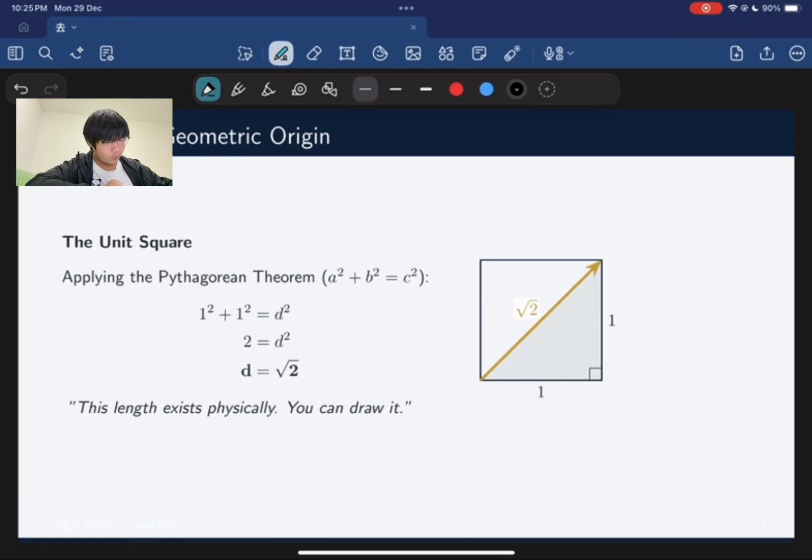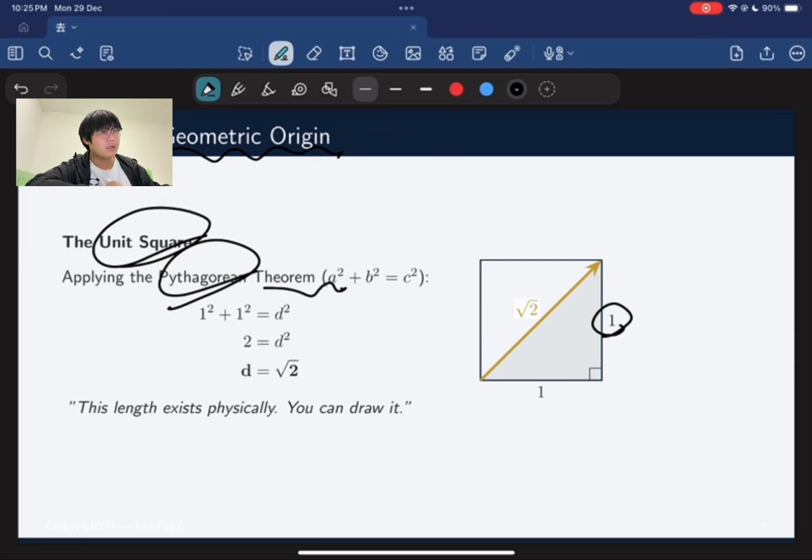But where do these numbers come from? Are they just imaginary? No. They have a geometric origin. Please look at this unit square. By applying the Pythagorean theorem, if the sides are 1, the diagonal d must satisfy these equations.